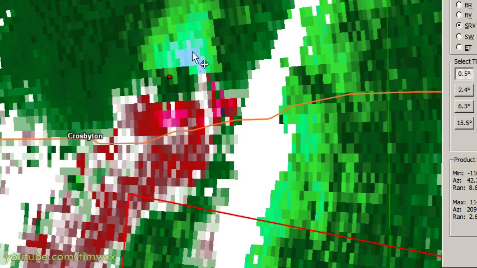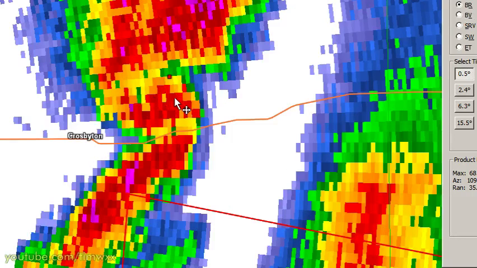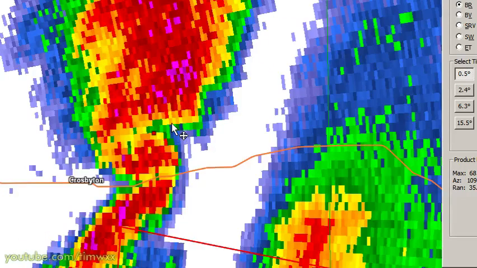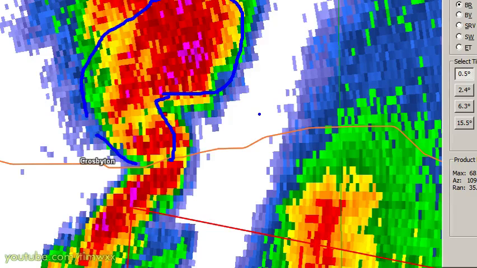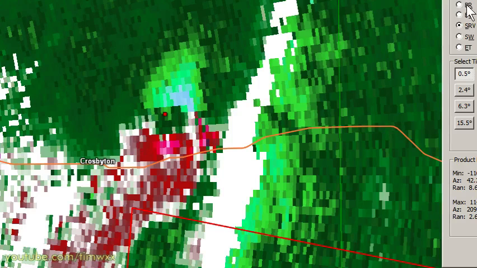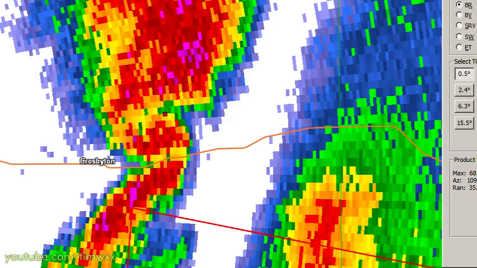There's very strong velocities going towards the radar and some very strong outbound. This is kind of like a large scale meso here. And there's what that storm looked like earlier. So it's actually kind of like a little bit of an HP. I think that's probably the parent storm right there. So yeah, that fits in pretty well there.